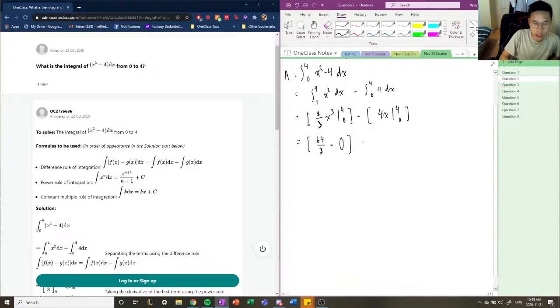The second function is 16 minus 0, which is 16. So all we got here is 64 over 3 minus 16.